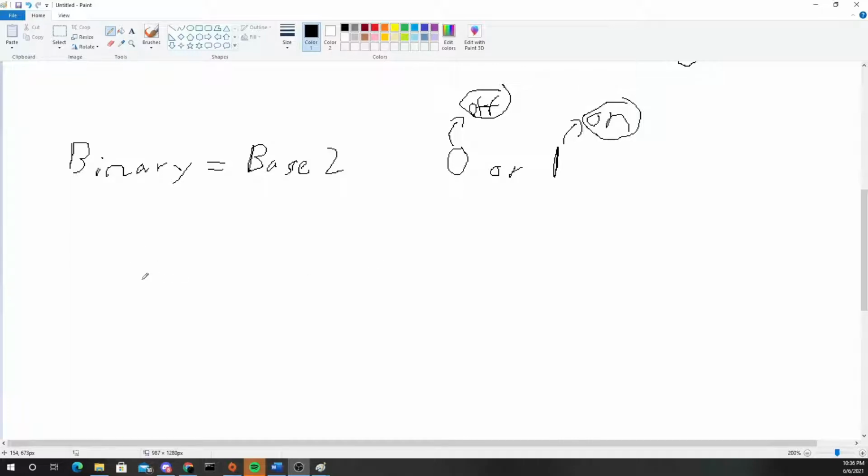So, for example, if we draw another grid like we did above for the tens, we would have a ones place, a twos place, a fours place, and an eights place, if we were only going to use 4 digits. Now, binary is weird in that you can have leading zeros in a number.